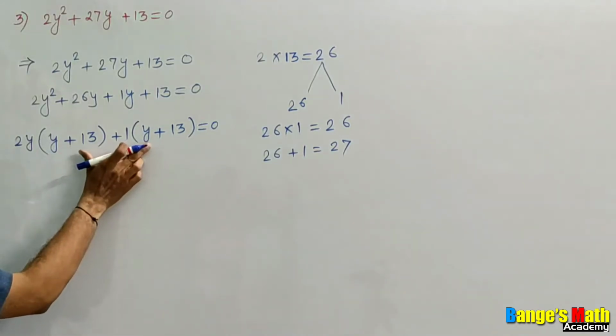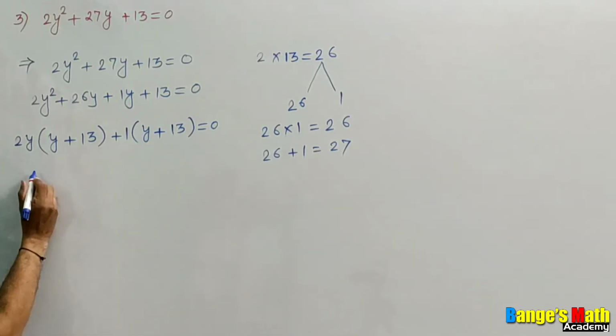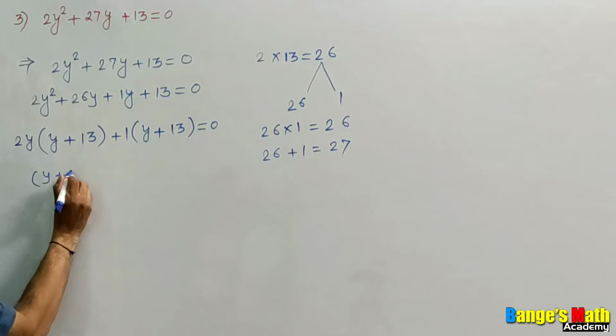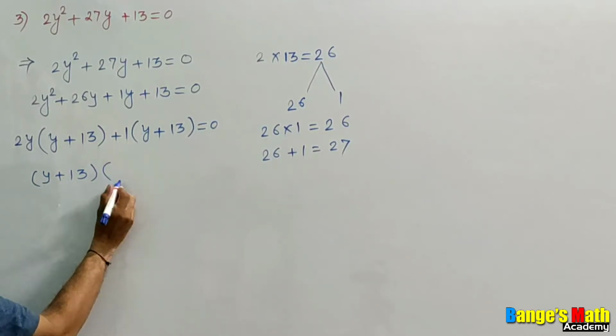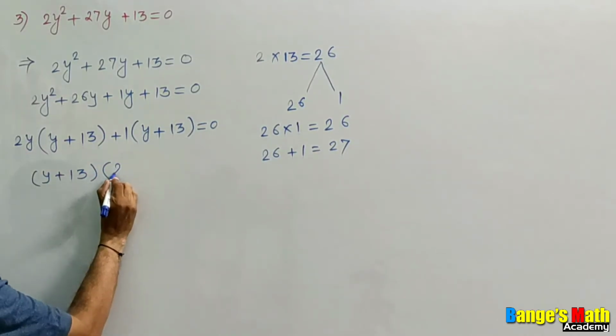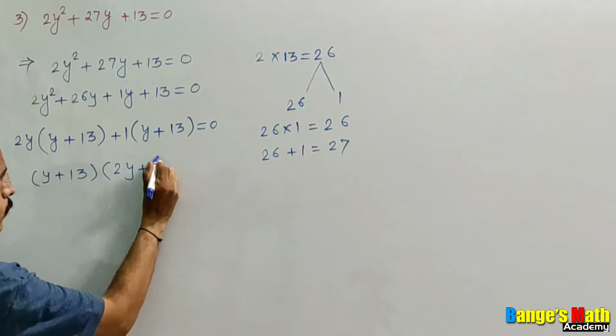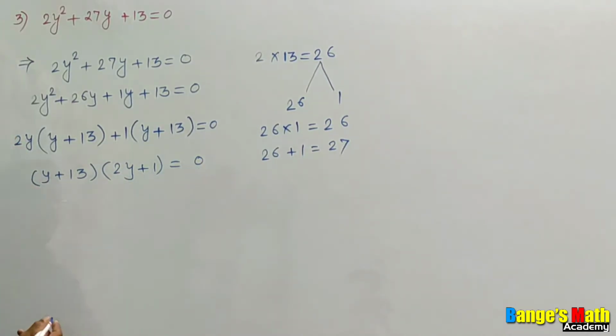Then these two brackets are the same, so write down only one, y plus 13 into the other bracket 2y plus 1 is equal to 0.